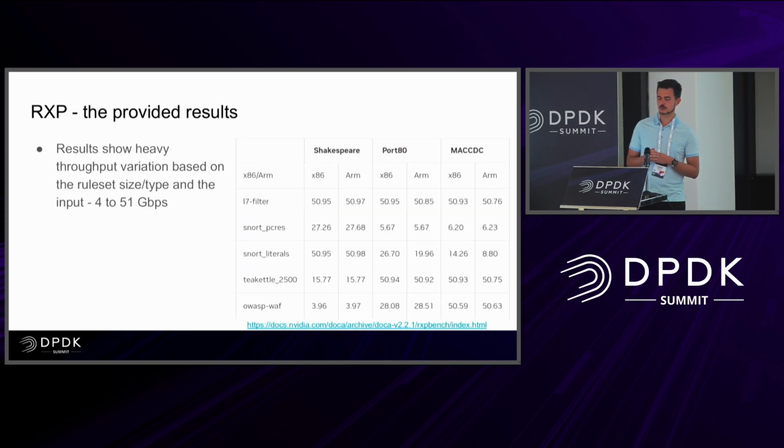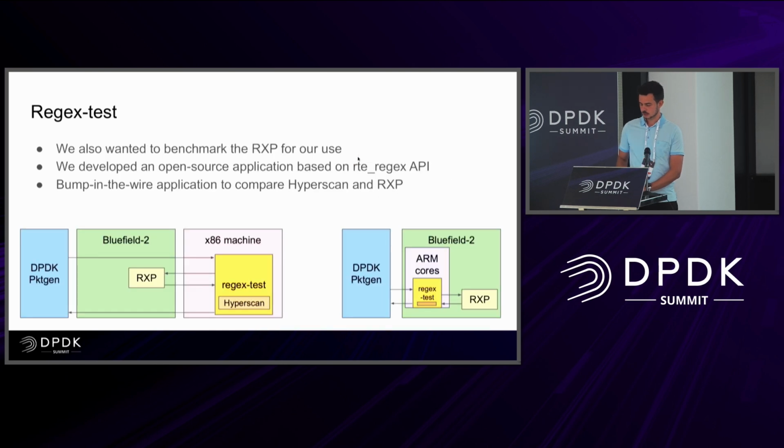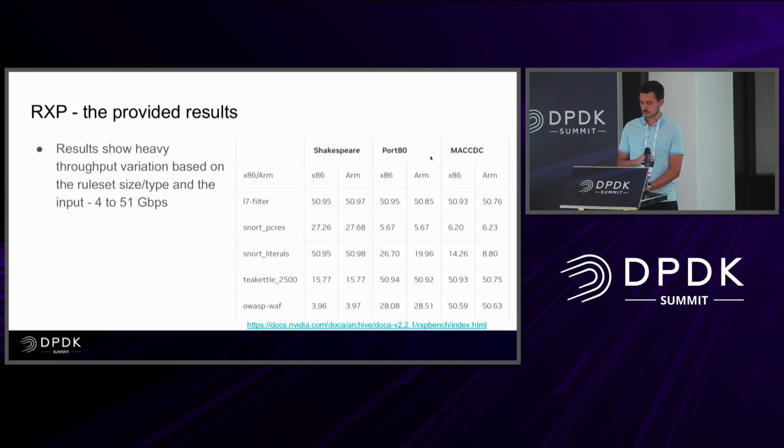NVIDIA basically had 3 data sets: Shakespeare, some port 80 traffic, and MEC CDC PCAP, and the rows represent the rule or pattern sets that they were scanning the data sets with. They also reported very varying throughput, from only 4 gigabits to 51 gigabits. So it depends.